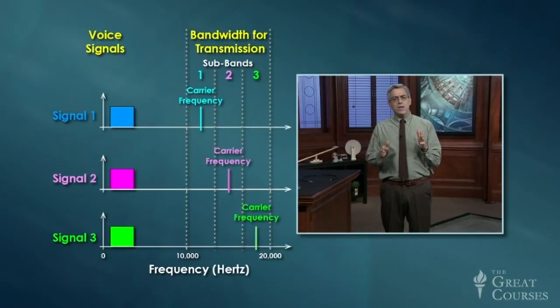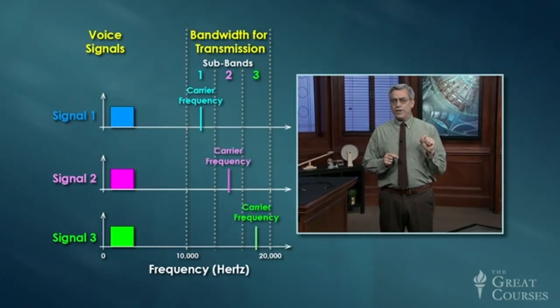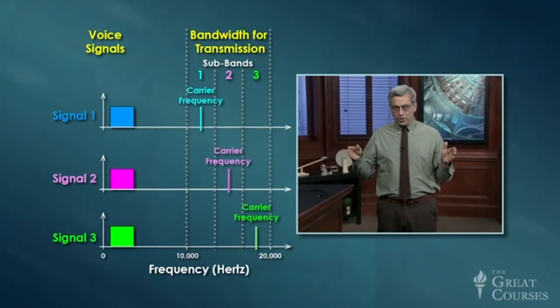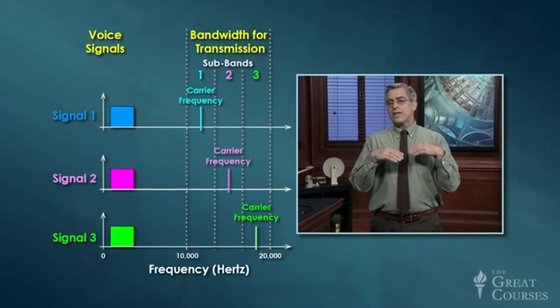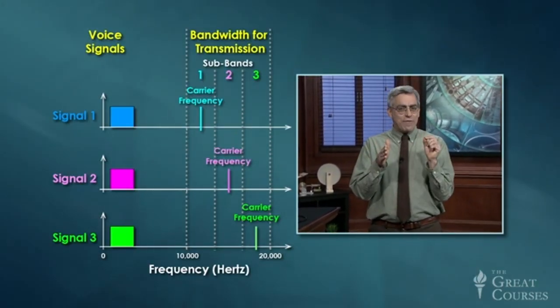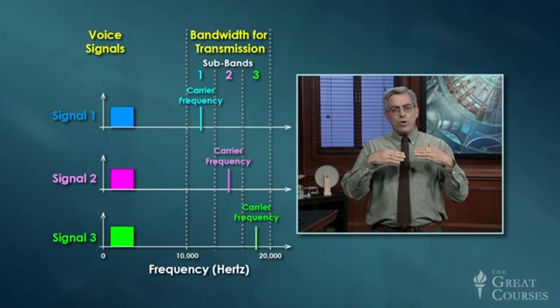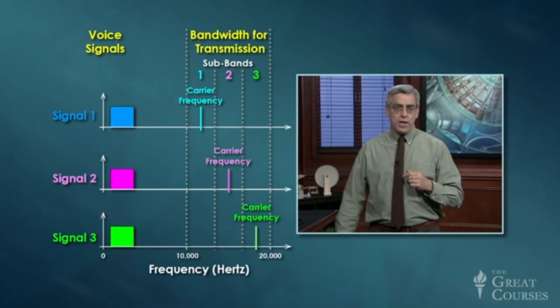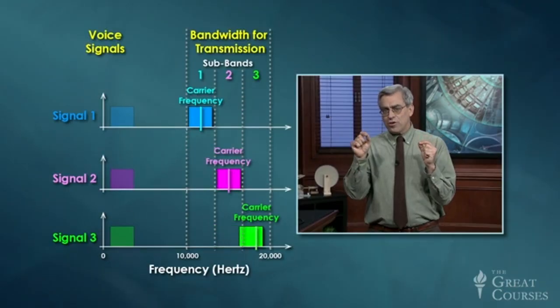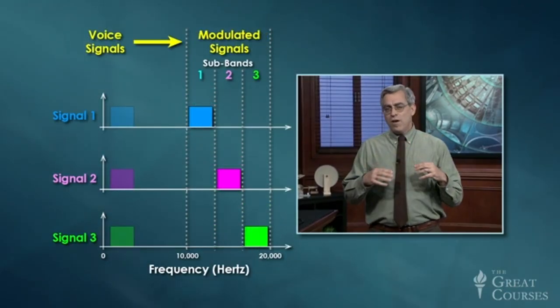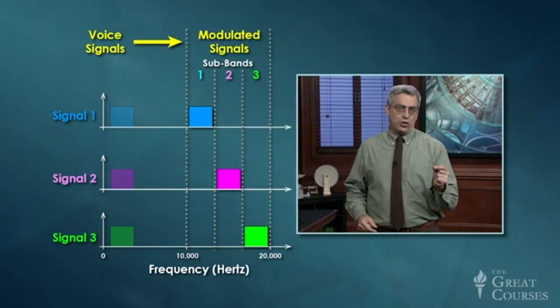For each of these bands, an electronic oscillator is used to create a carrier signal with its frequency at the center of the band. This carrier frequency is always significantly higher than the frequency of the voice signals that are being transmitted. Within each band, the carrier and voice signals are then electronically mixed through a process called modulation.